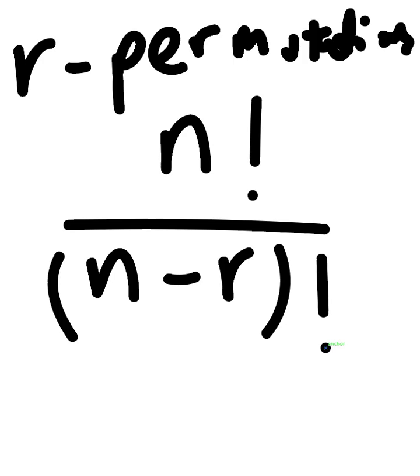Well, with combinations, we don't really care about the sequence anymore. We don't care about what came first, what came second. We just care that, okay, they occurred together. These elements occurred together. So how many different permutations are there for each combination?